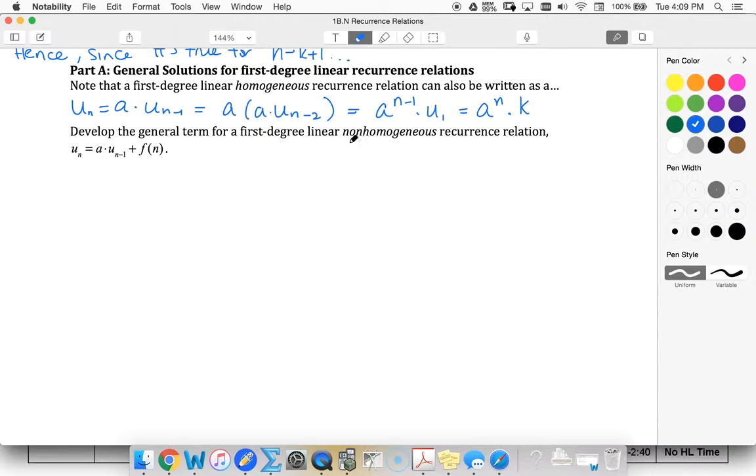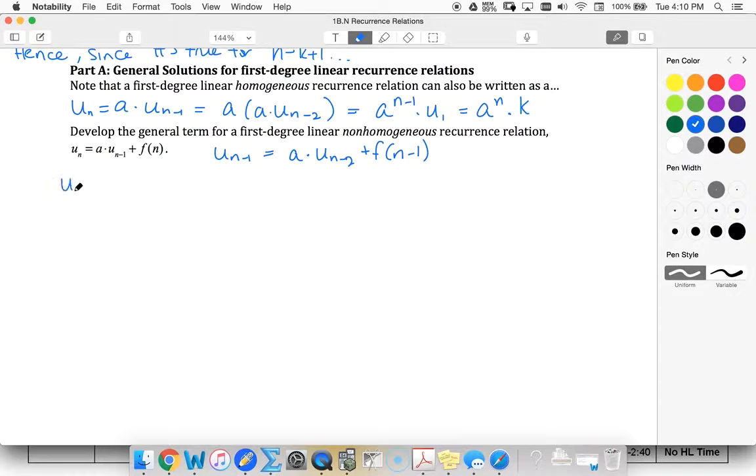Now if I want to look at non-homogeneous recurrence relations, well, here's my general formula with the recurrence relation. Let's try to get it into a general formula using just n. So I'm going to do the same thing. I'm going to rewrite my u sub n minus 1. So let's write that down. U sub n minus 1 is going to be a times u sub n minus 2 plus f of n minus 1.